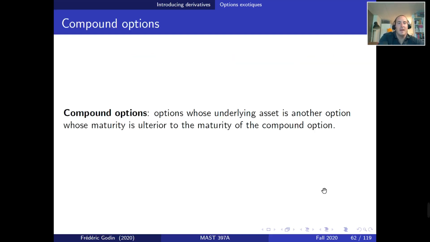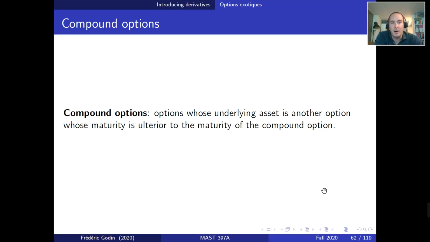Okay, another type of exotic options is compound options. A vanilla option, let's say a call option, allows receiving the underlying asset at a future date for the strike price. Compound options, instead of allowing receiving the underlying asset, allow us to receive an option over some other underlying asset.